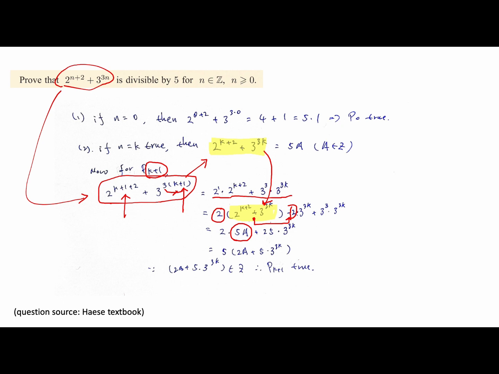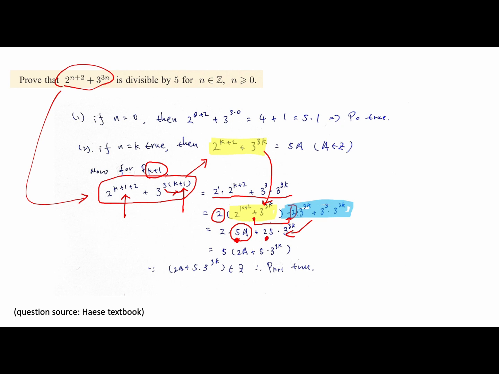let me use this color, the blue color. This part, you collect the like terms, and you get 25 times by 3 to the power of 3k. Now, obviously, we have a common factor 5 here, and a common factor 5 here.